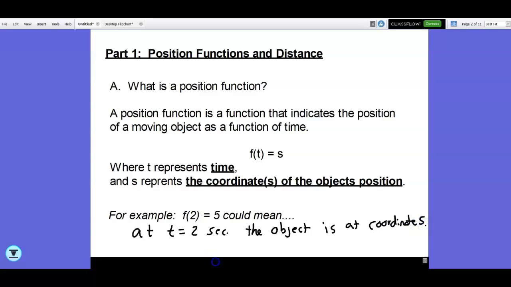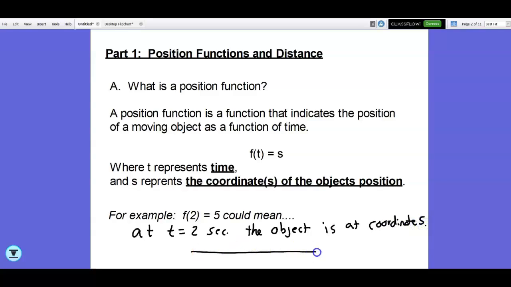So if I were to give you a number line, for instance, say the object starts here at 0. After 2 seconds have gone by, the object's over here at position 5. So after 2 seconds, it's now there. That's what that means. So basically, the input is how long it takes, and the output represents where it's located. Okay? And that's what we call a position function.